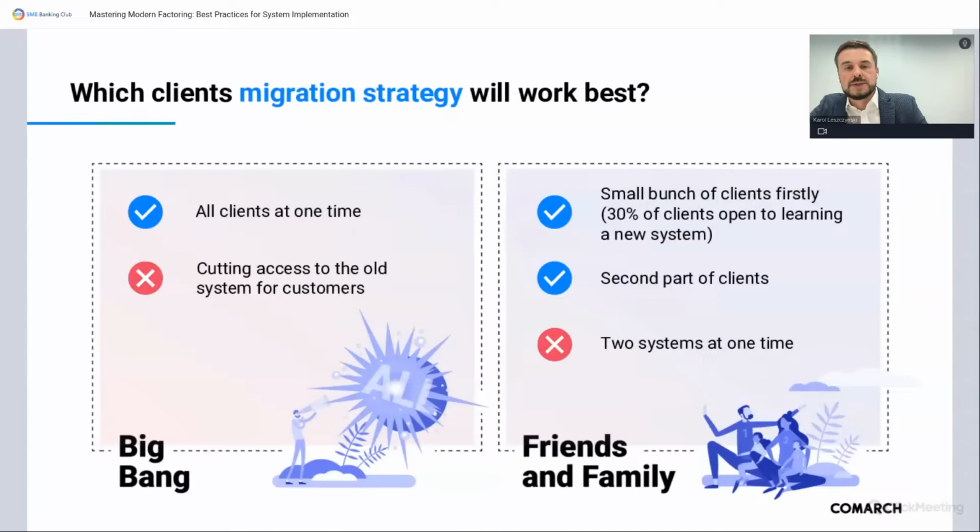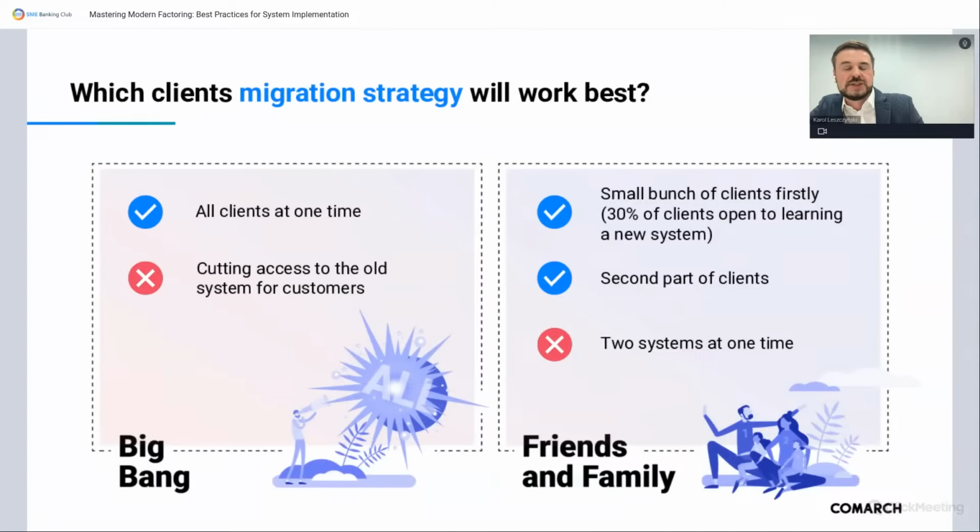And the second approach is the so-called friends and family approach. And in addition, the new customers, because there is no point in directing a newly acquired customer to an old system that will soon be replaced by the new one. It is worth thinking about customers with whom we have good relationships and who will be happy to use the new solution.